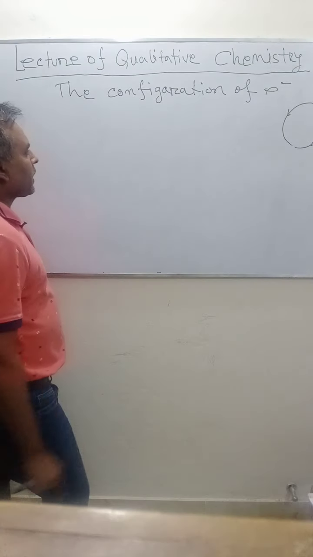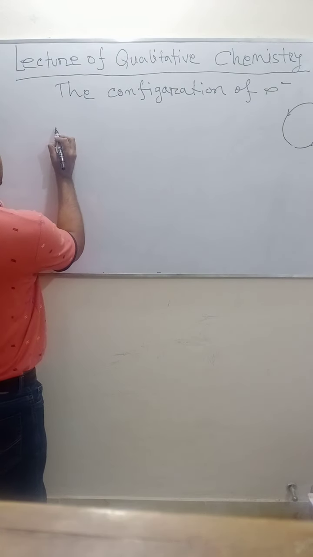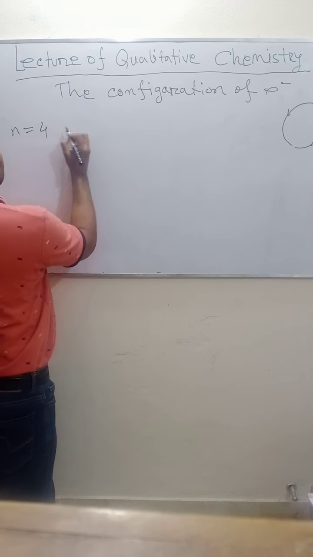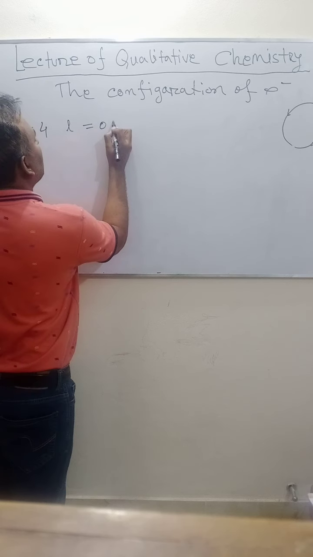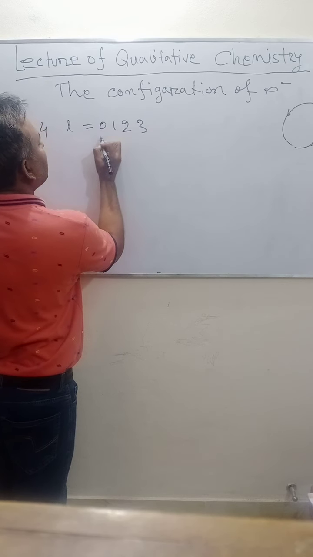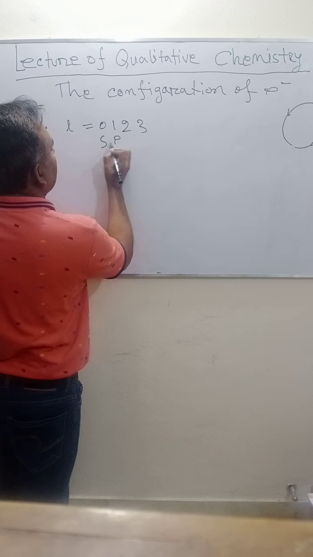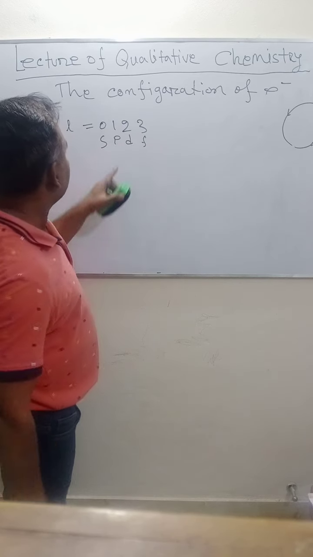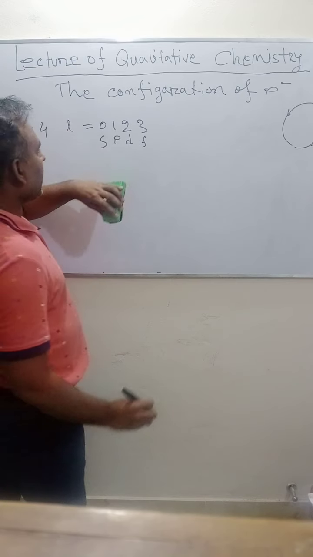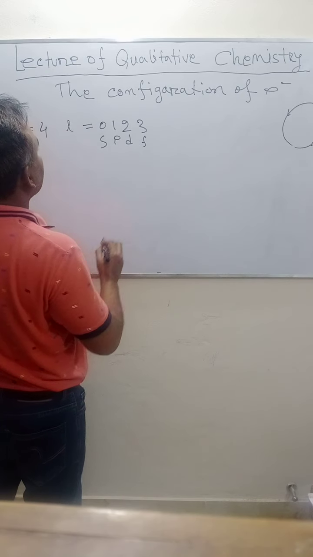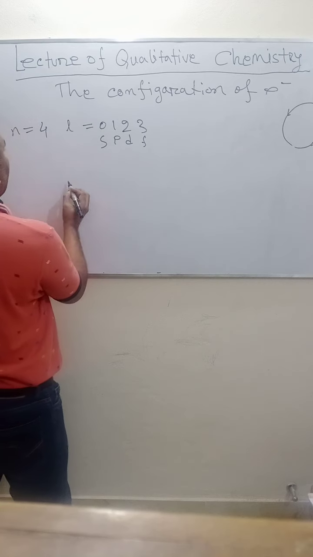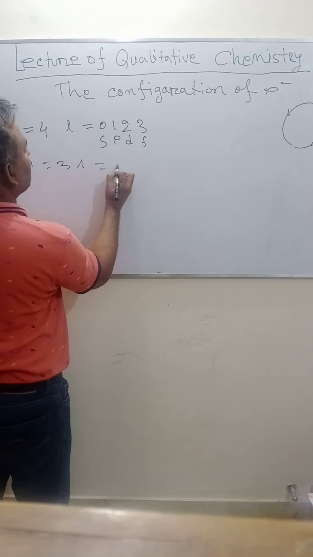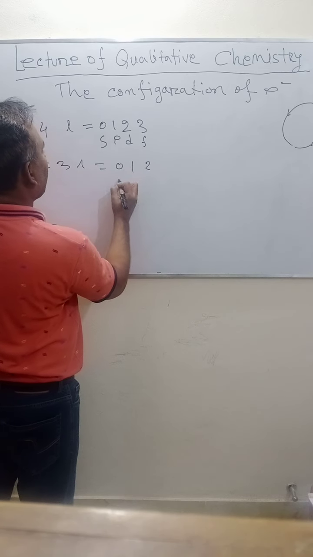Okay. For example, when n equals 4, l equals 0, 1, 2, 3. That means s, p, d, f. Clear? SPDF. When n equals 3, l equals 0, 1, 2.